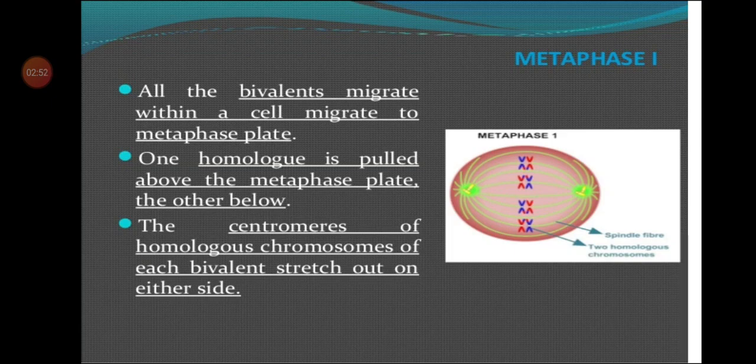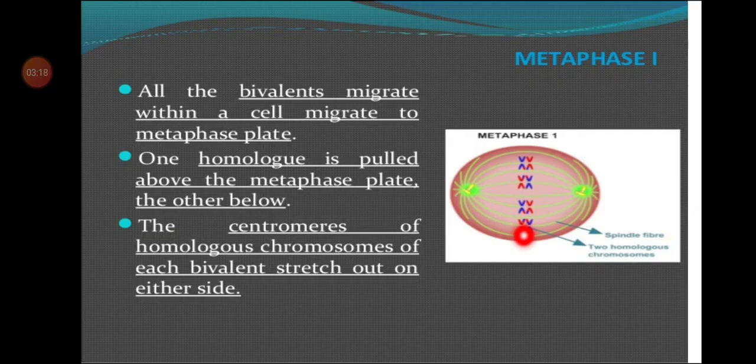What is metaphase 1? In this, all the bivalents migrate within a cell to the metaphase plate, that is at the equator. You can see here, this is the metaphase plate and all the chromosomes come together at the equatorial plane. One homolog is pulled above the metaphase plate and the other below.